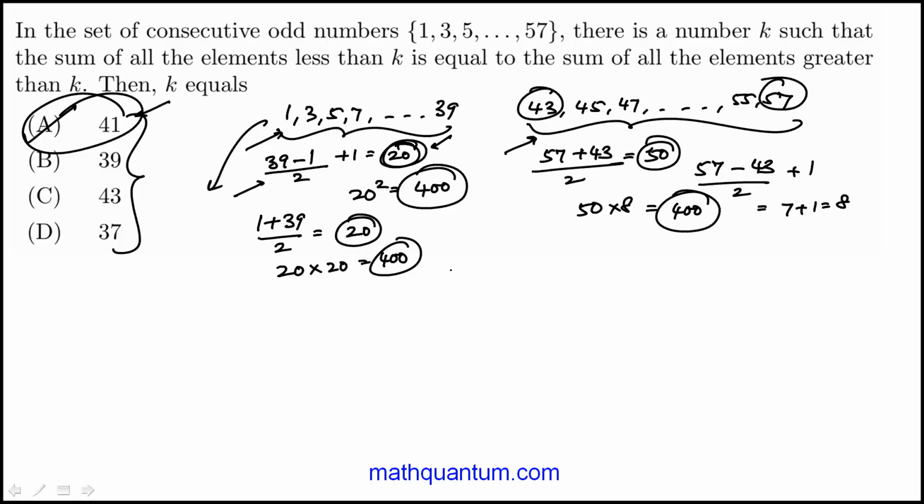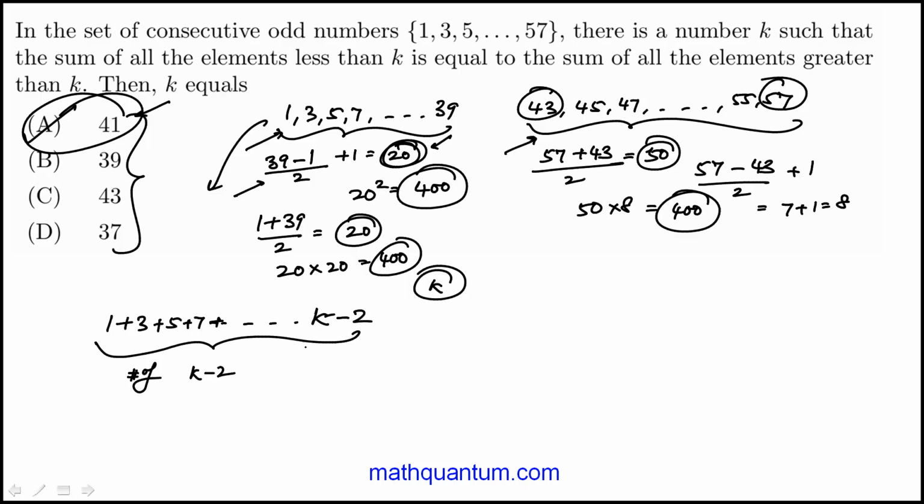So that's one way. The second one is we can use that formula that I mentioned about the sum of k consecutive odd integers. If this is k, actually I want to do k minus 2 because I need to figure out k here. So I just need to first figure out the number of terms here, which would be last minus first over the spacing plus 1.